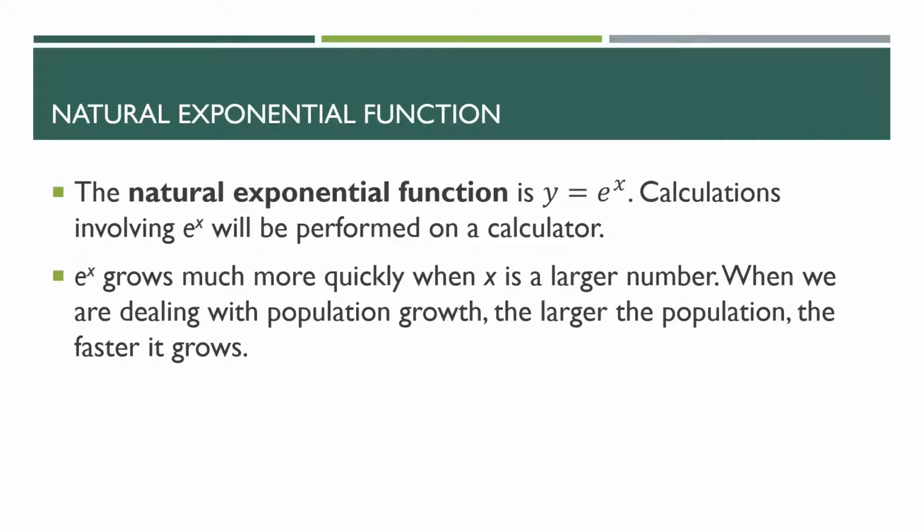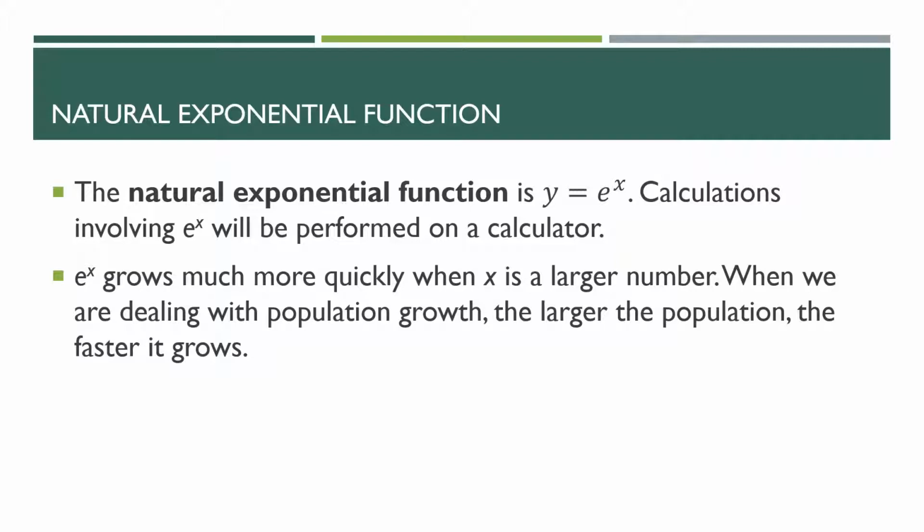And then when we are dealing with population growth, the larger the population, the faster it grows, which makes sense. Imagine you have a city, and all of a sudden 100 people move into the city. Well, those people are probably going to have children, so the population is going to grow with every child that they have.